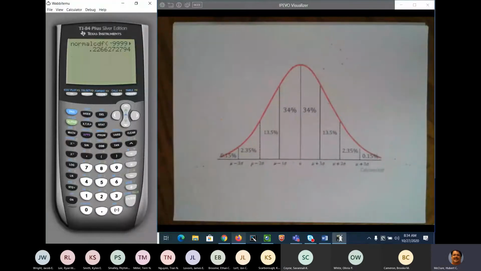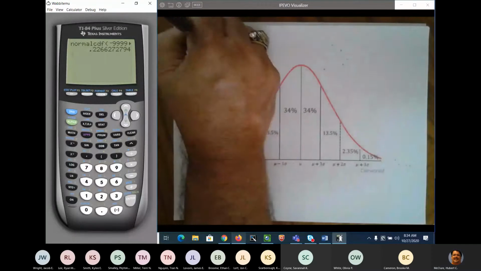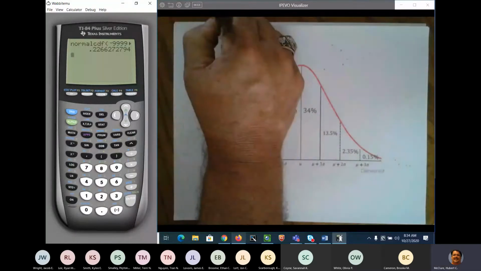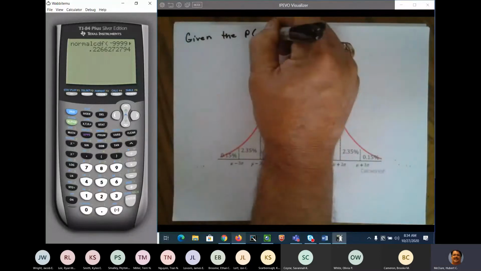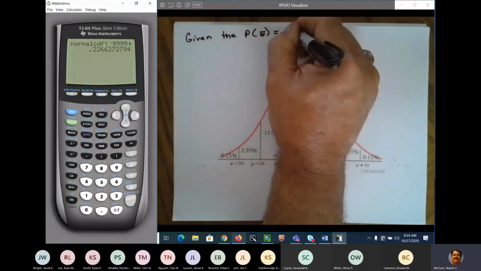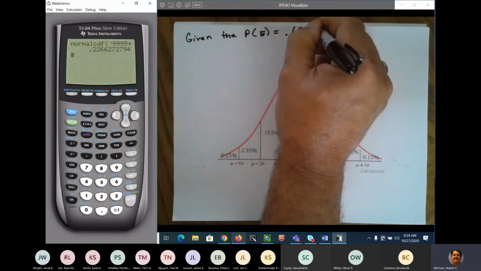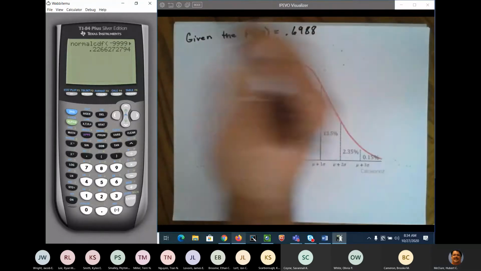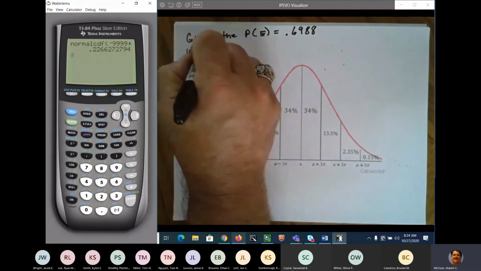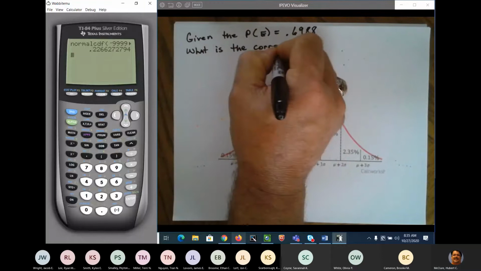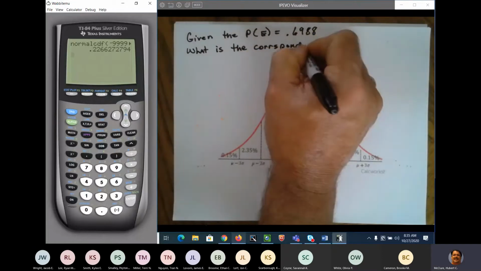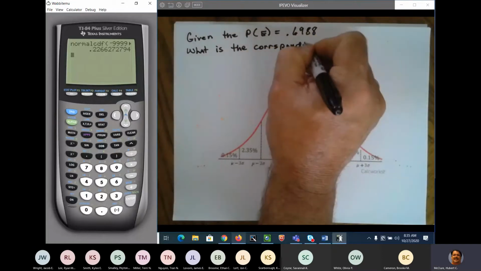It'll say, given the probability of an event is equal to 0.6988, what is the corresponding z-score?